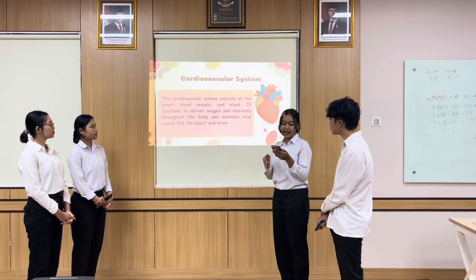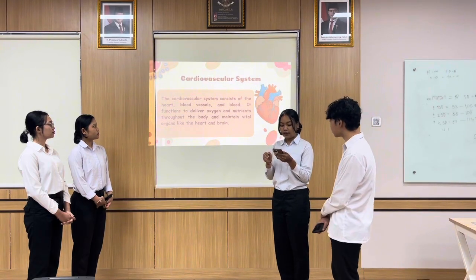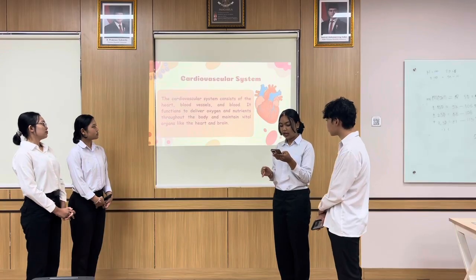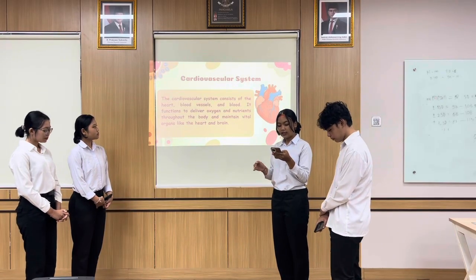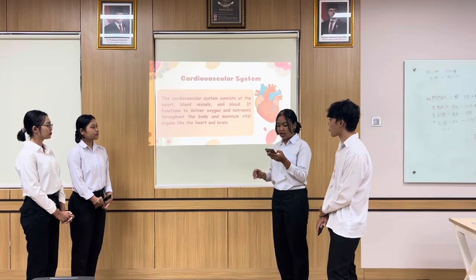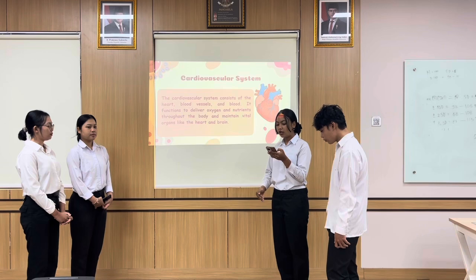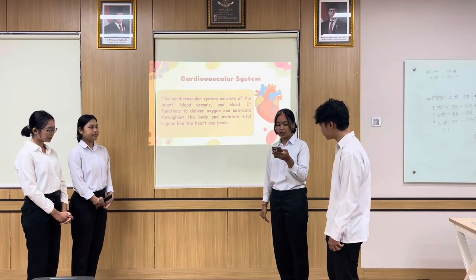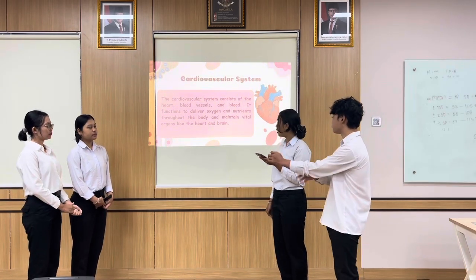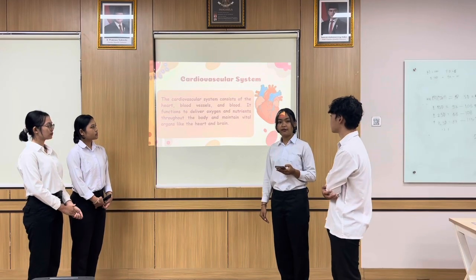This system has various regulatory mechanisms to adapt to body activity, including increasing blood supply to active tissues. In extreme conditions, blood flow is prioritized to vital organs such as the heart and brain to maintain circulatory function.